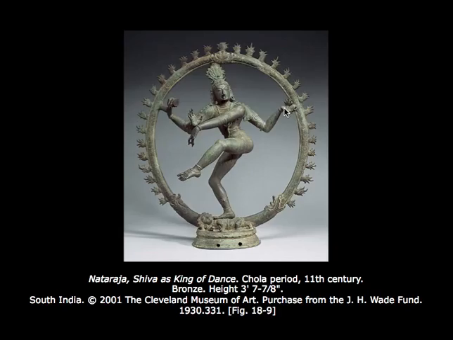This sculpture, for example, has many, many copies that are not necessarily copies of this one, but many sculptures that look very similar to this exist. And so the artist wasn't trying to express his or her individual emotions, but instead was just working within a convention. Shiva as king of dance is cast in bronze in the 11th century CE.